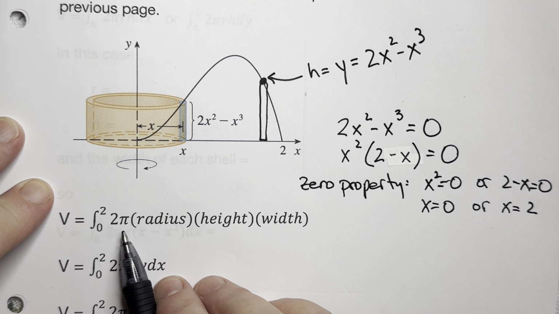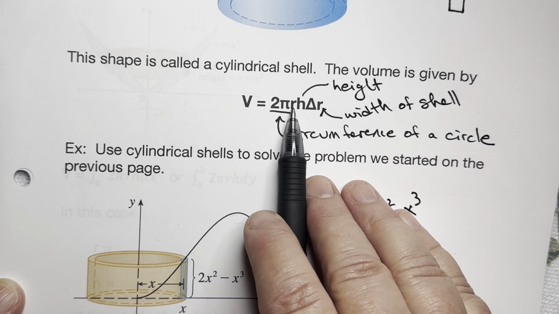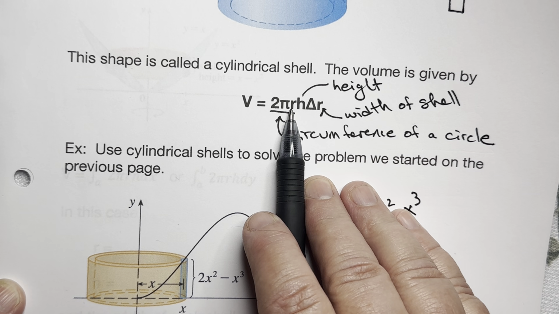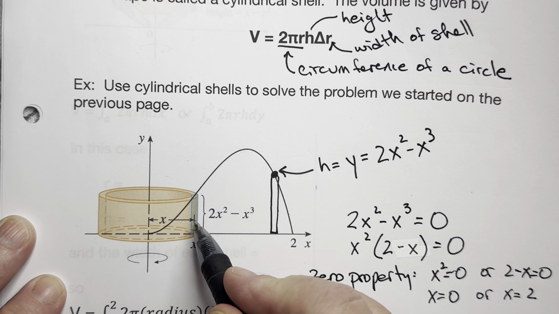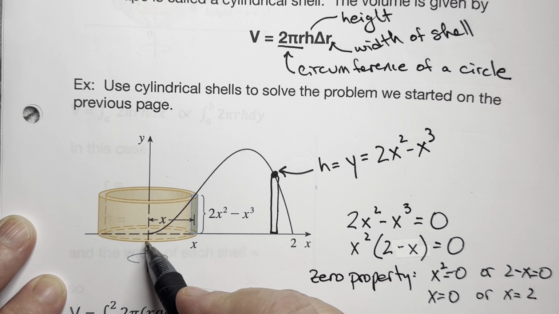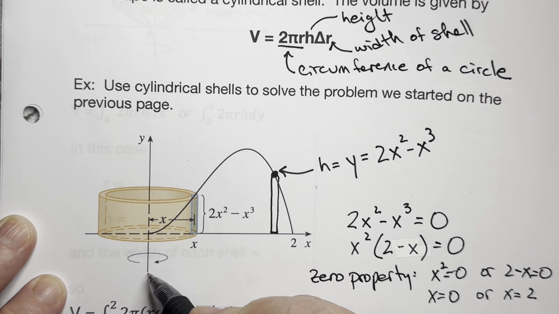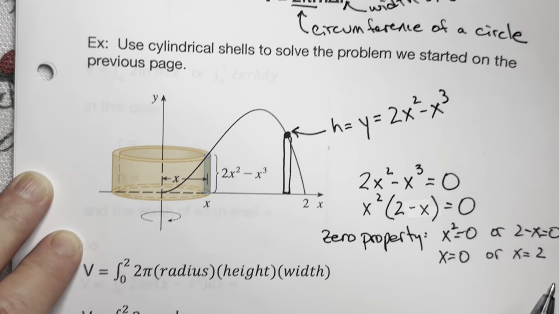Now, what is 2 pi? 2 pi comes from the original formula. Remember, 2 pi times the radius. Now, what is the radius? The radius is how far from the center the cross-section is. Since the center is right there at the y-axis, the cross-section is just wherever x is. So this makes it really easy.